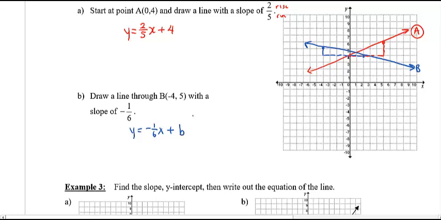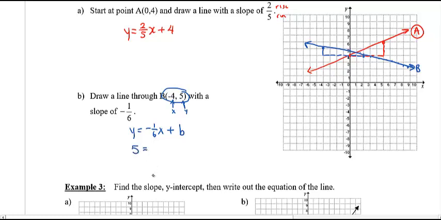Problem. So how can we figure out b? Remember, we're trying to create an equation for the line. The equation actually satisfies every single point possible on that line. And so since this point is a point on that line, this is like an x-coordinate, this is like a y-coordinate, so we can plug it in to help us solve for b.